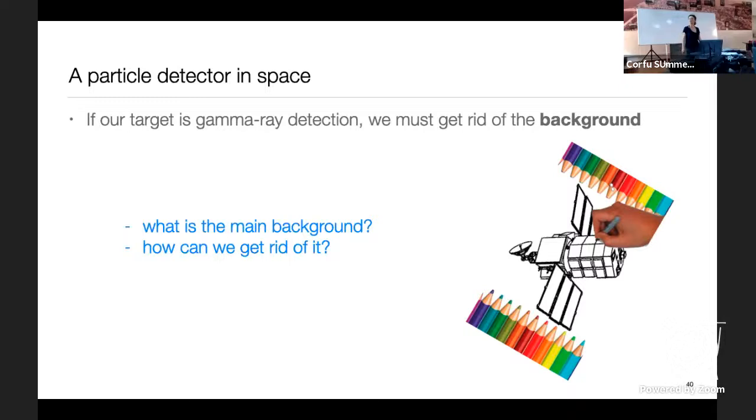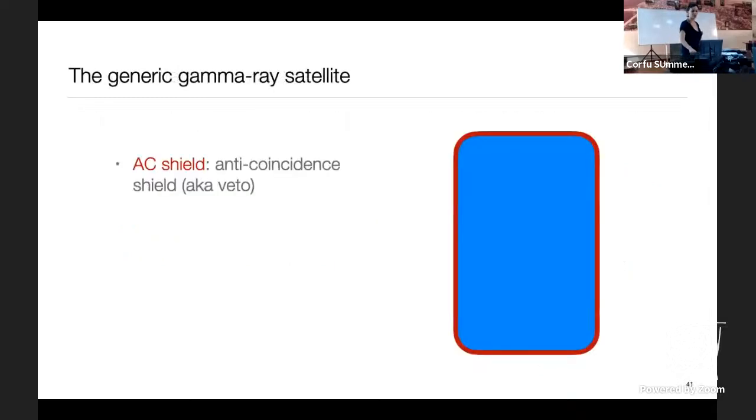Charged particles that arrive. What are the charged particles in space arriving at the detector? Exactly. In general, cosmic rays. All the cosmic rays that arrive are charged particles that enter a detector, and they are much more numerous than our gamma rays. So we need to get rid of this.